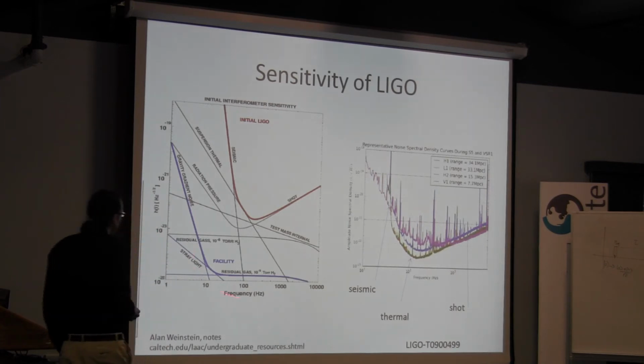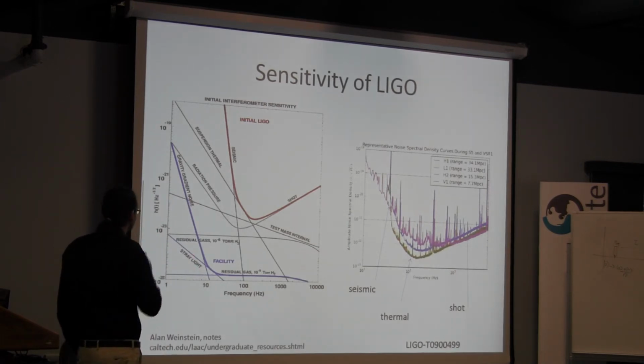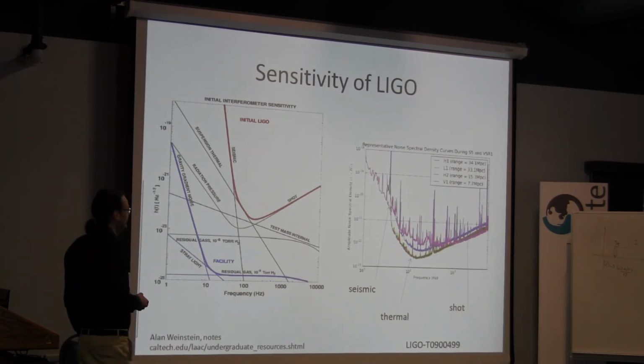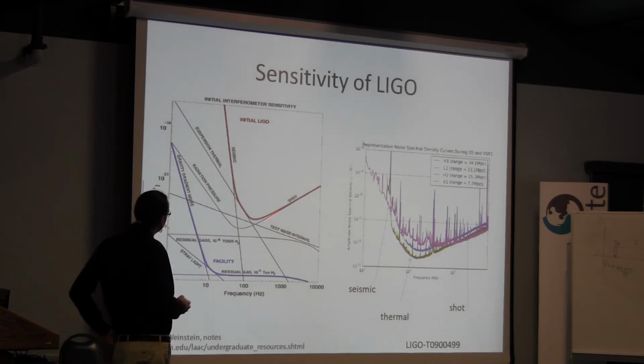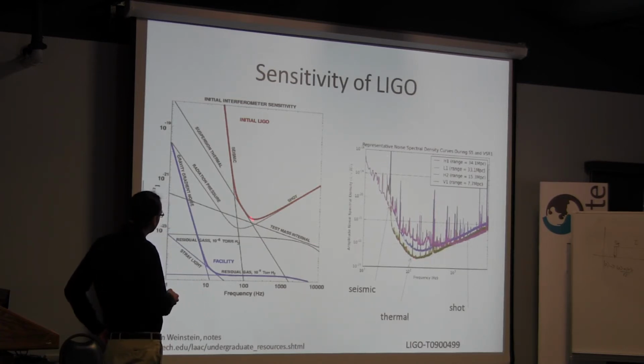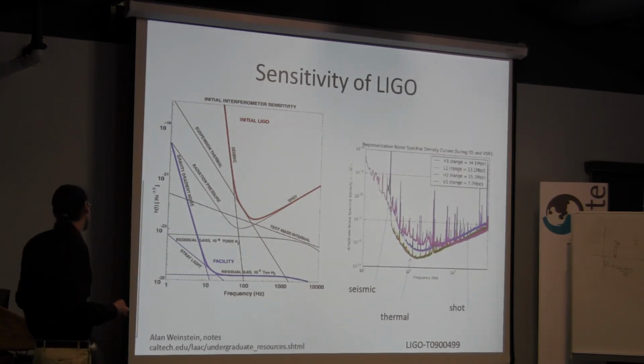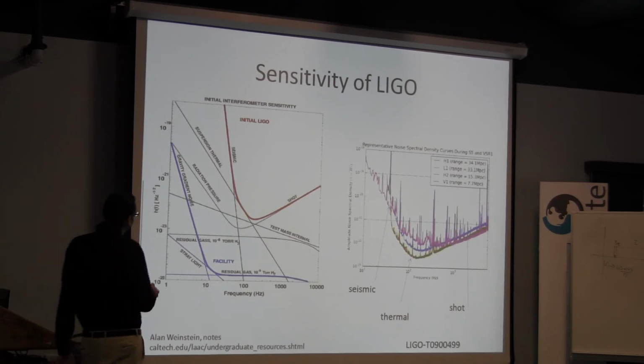So this was the noise budget, if you like, for this sensitivity. And LIGO actually is operating at its design sensitivity, which is pretty impressive for any instrument, particularly something this complicated and large. But this dark red curve here roughly shows the same shape that we're seeing in the data. We have shot noise here, suspension noise, and seismic noise. And yesterday we heard some great talks about radiation pressure noise.